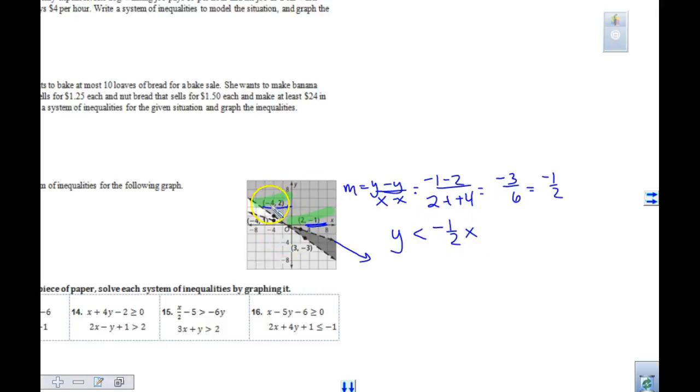So, if I know these 2 points in the green, how can I find the y-intercept? 2 options, point slope or slope intercept. Use 2 points from 2 lines. You did? Yeah. This is 2, -1. Oh, and -4, 1. Oh, good eye. Should be this one.